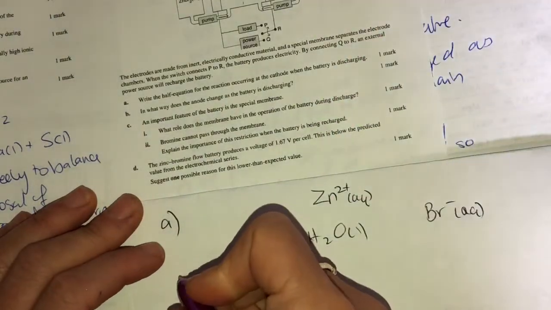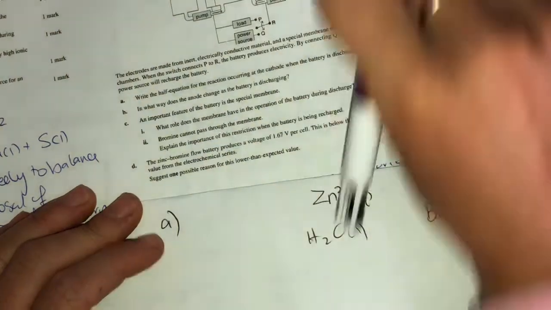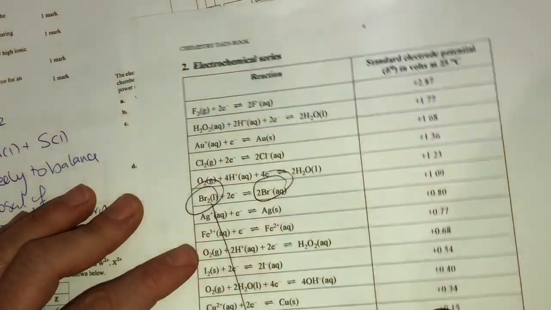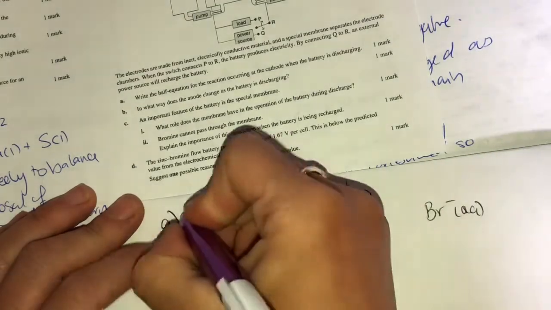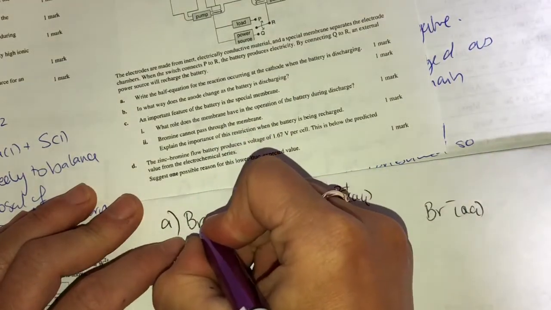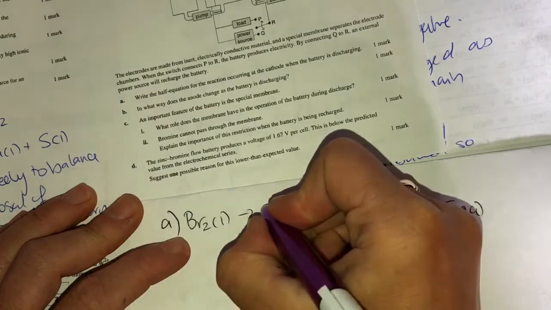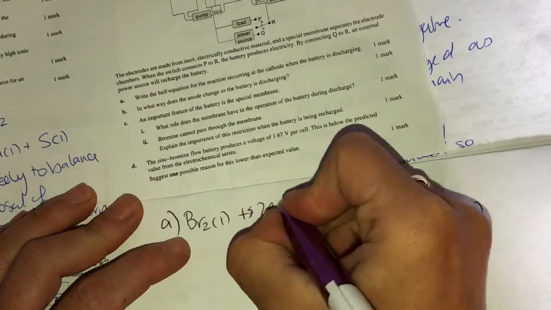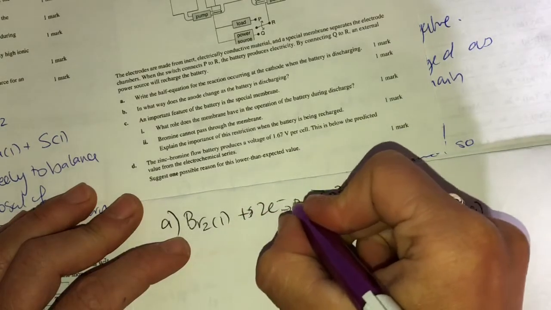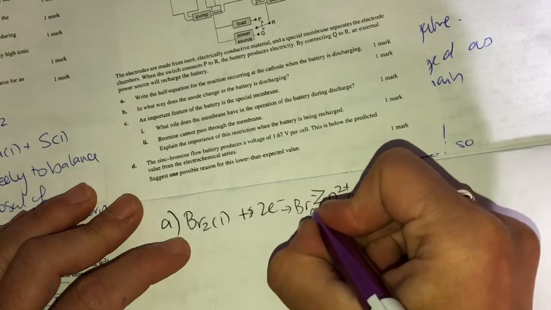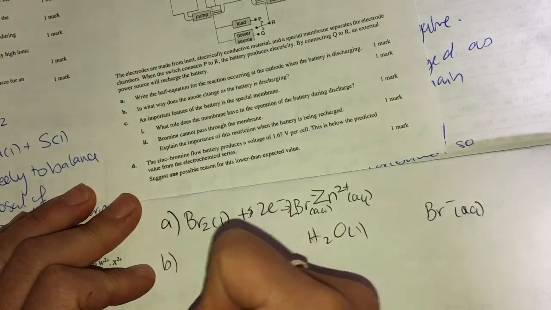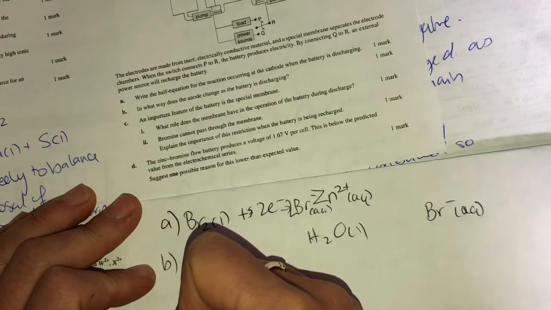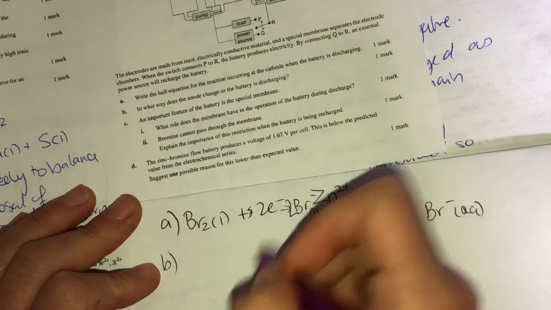So write a half equation for the reaction occurring at the cathode. The cathode is where reduction is occurring, so you'll get reduction of bromine liquid. So Br2 liquid plus 2 electrons produces Br minus aqueous. Okay, part B. In what way does the anode change as the battery is discharging?